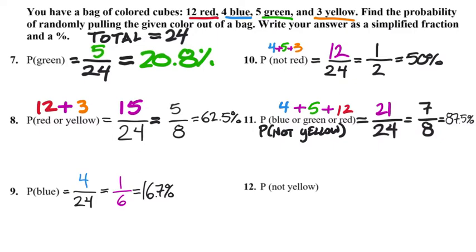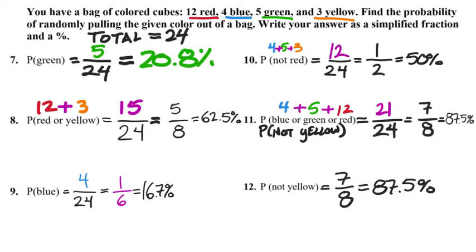So there's number 11, and then number 12, what's the probability of not getting yellow? Well, we actually just figured that one out, right? I didn't even notice number 12, but we figured that one out. It's the same thing as the probability of blue, green, or red. And, well, we already see that that was 7/8, which is the same as 0.875, so that'd be 87.5%.